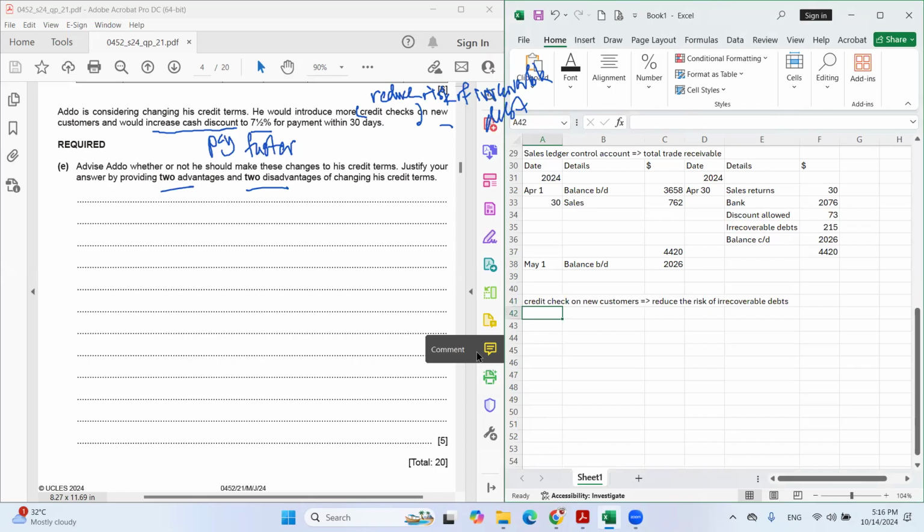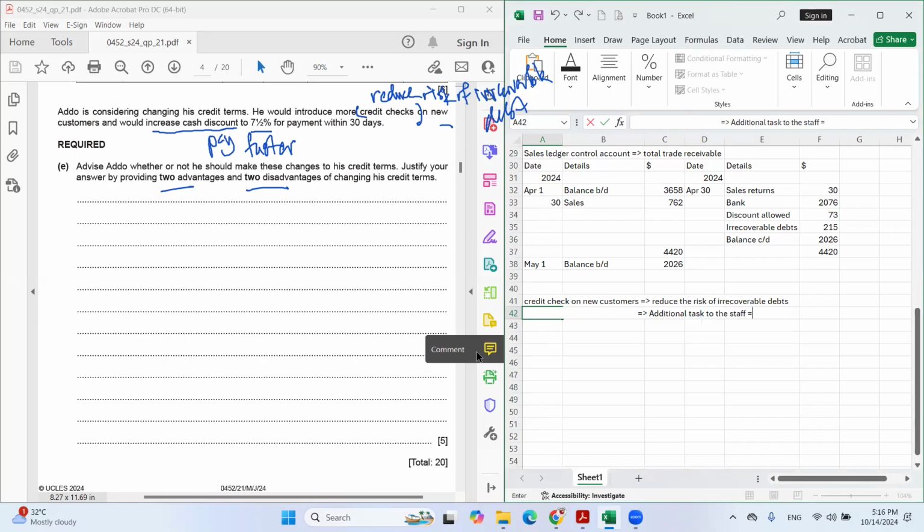But what is a disadvantage? Because you have two things you need to talk about. One is checking new customers. Second is increasing the cash discount. So what is the disadvantage when we check the new customer? Here you will create a lot of administration work, so additional work has to be done by the staff.